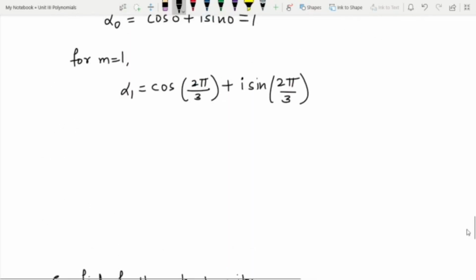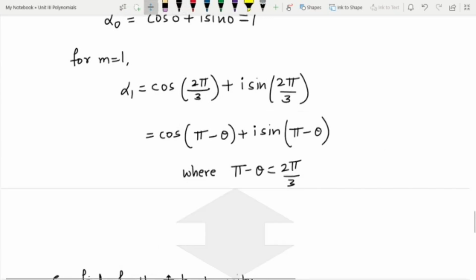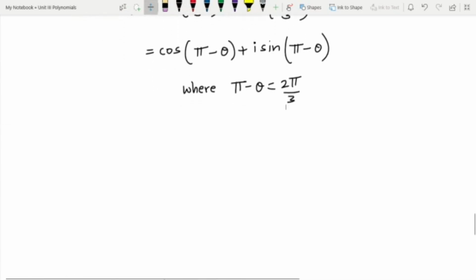So I'll say which is equal to cos of pi minus theta plus i sine pi minus theta, where pi minus theta is 2 pi by 3, and we have to find this value of theta. So which value of theta will we get after solving this?